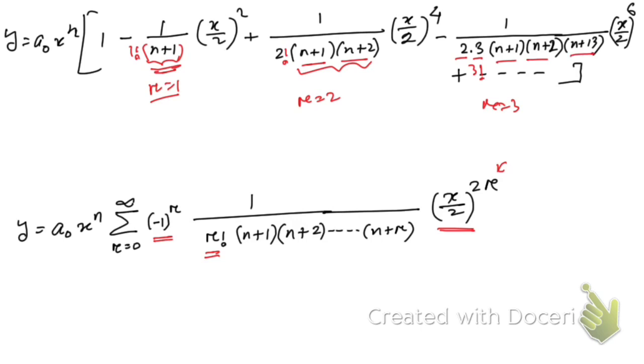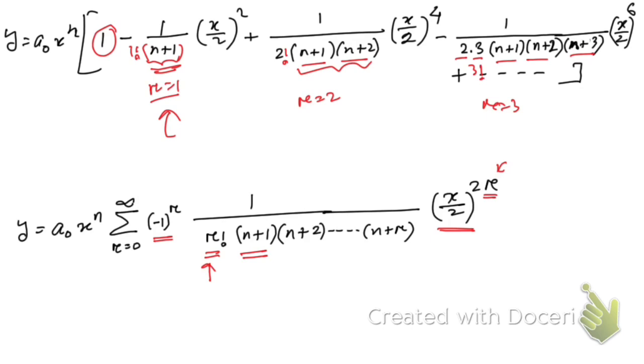Similarly for r is equal to 4. For r is equal to 0, we will get 1. Second term: when you put r is equal to 1, you take n plus 1 and factorial 1 here.